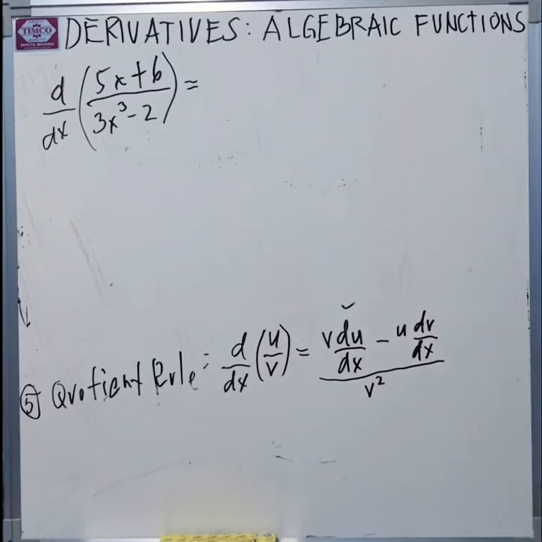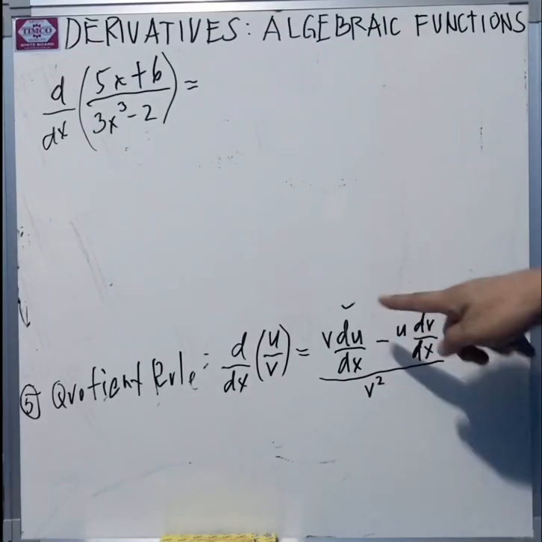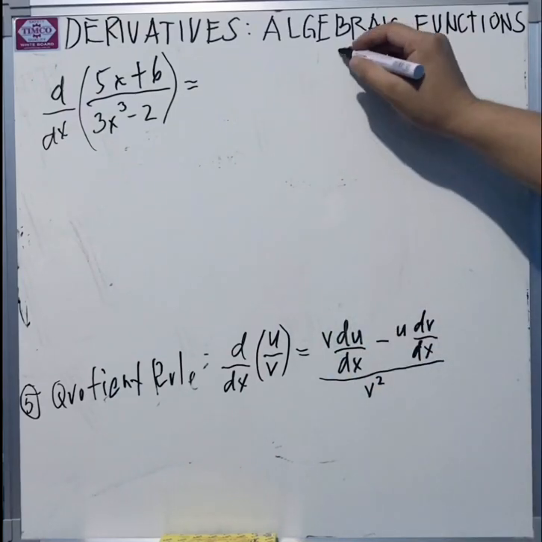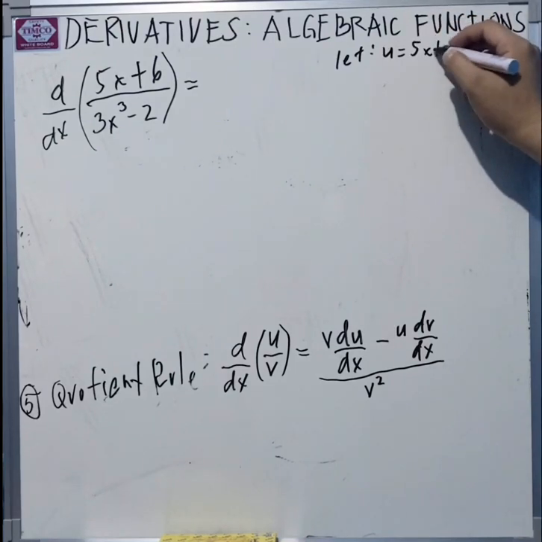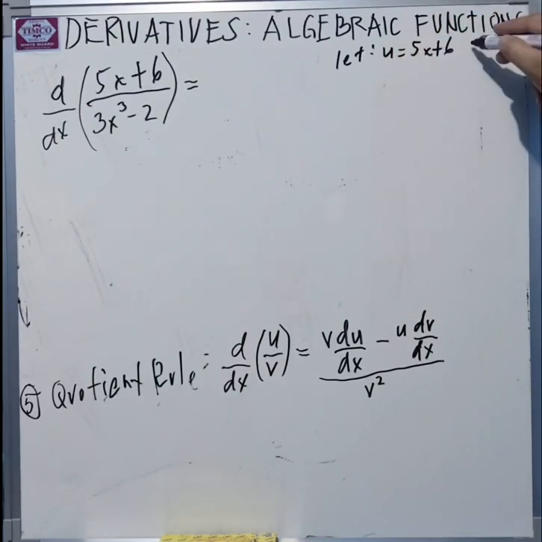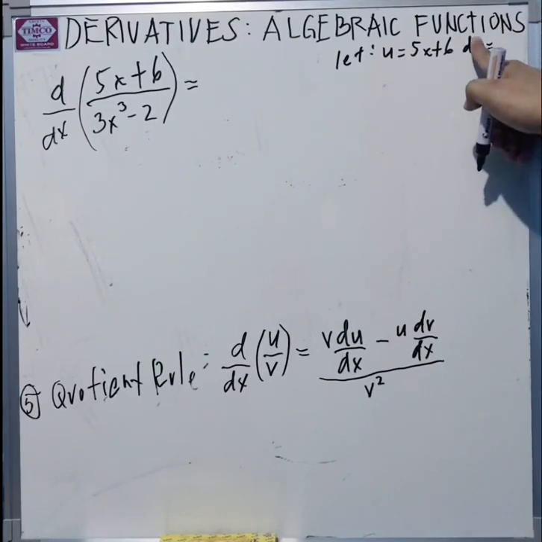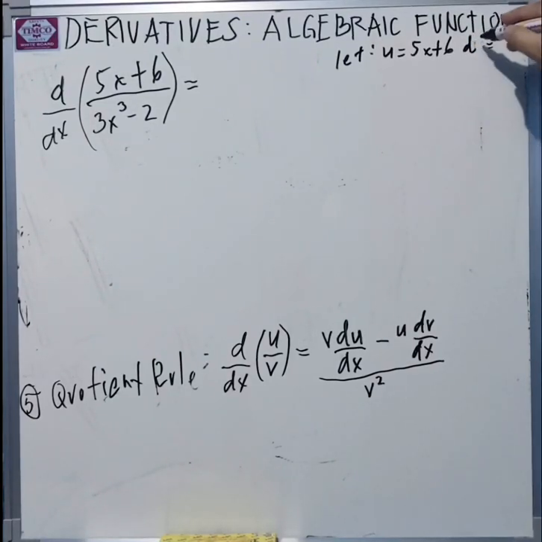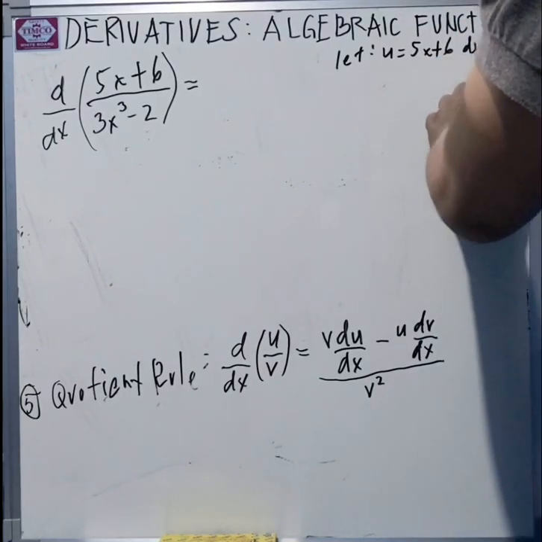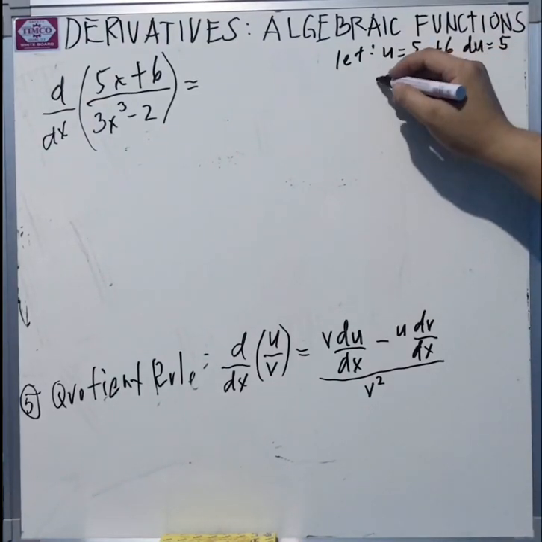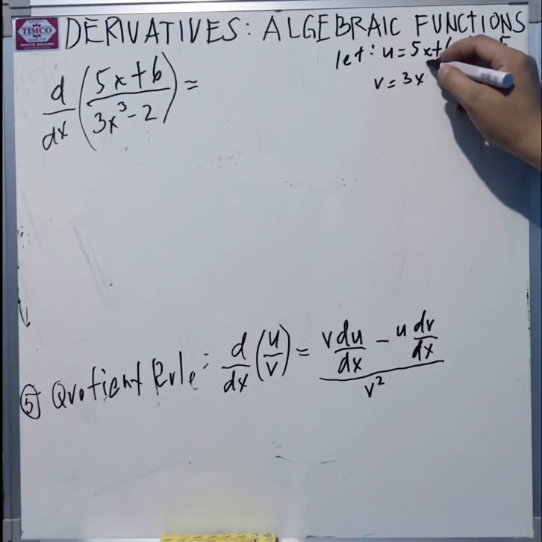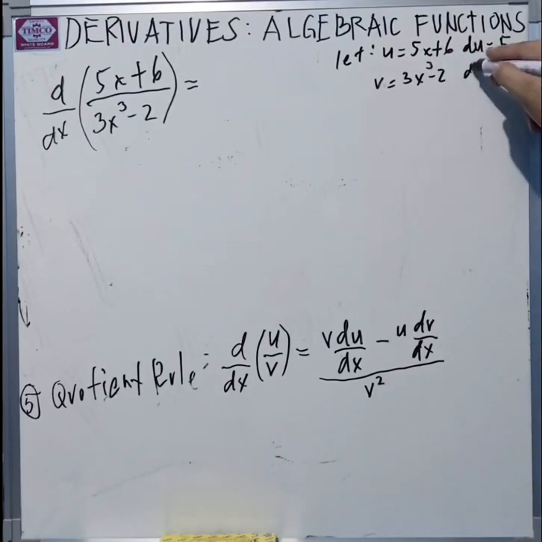First we let u equal 5x plus 6. Then du is 5, applying the constant multiple rule. And v equals 3x cubed minus 2. Our dv is equal to 9x squared. Right?